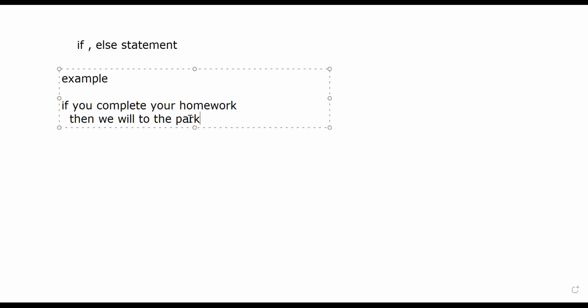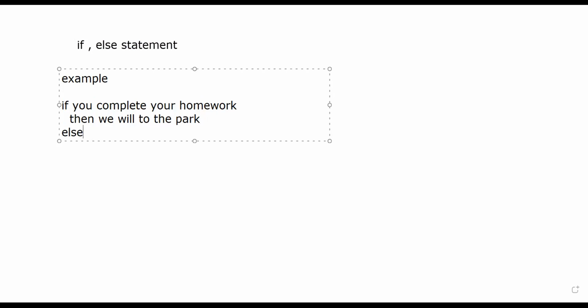So going to the park depends on the if statement. If you complete the work, then we will go to the park, right? So going to the park depends on whether she completes the work.